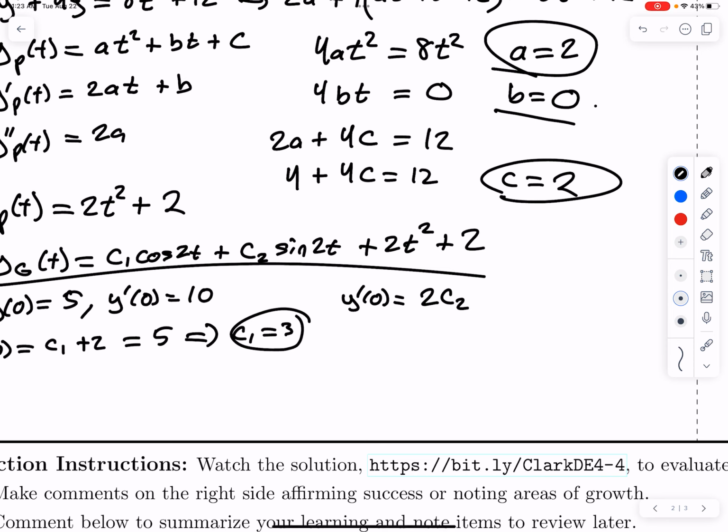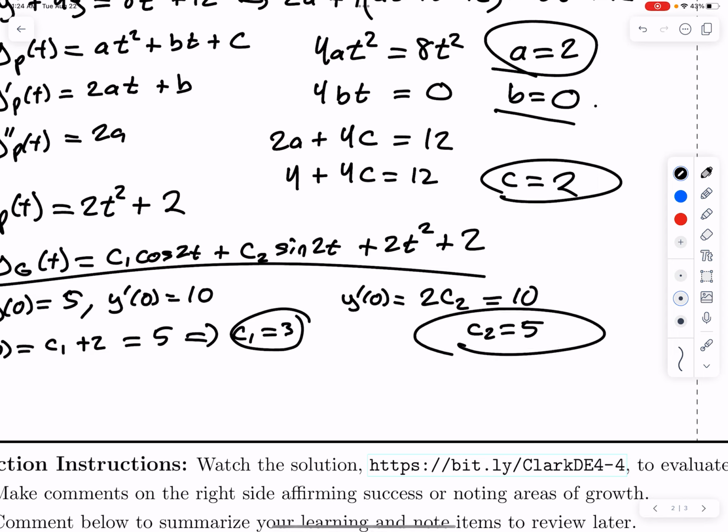The derivative of 2t squared here will be 4t, but when you plug in 0, you get 0, and the derivative of 2 will be 0. So the only term that survives is this 2c2 cosine of 2t, and when you plug in 0, cosine of 2t becomes just 1. So 2c2 has to equal 10, and so c2 is 5.